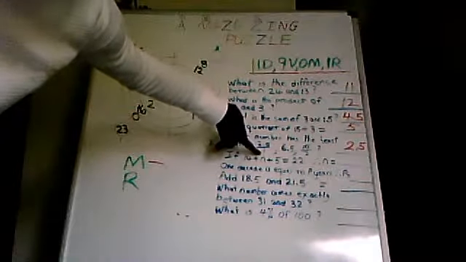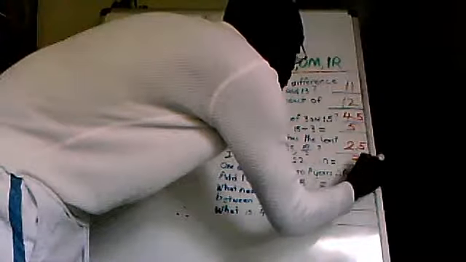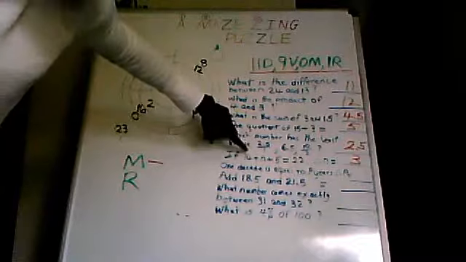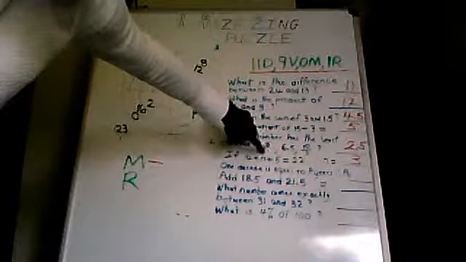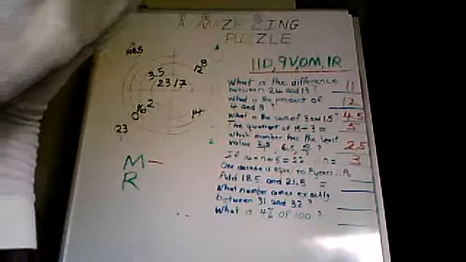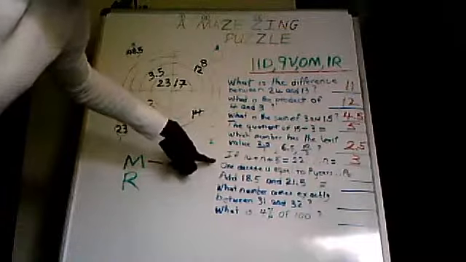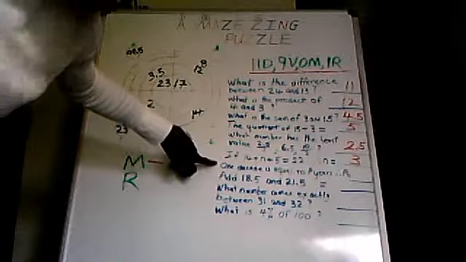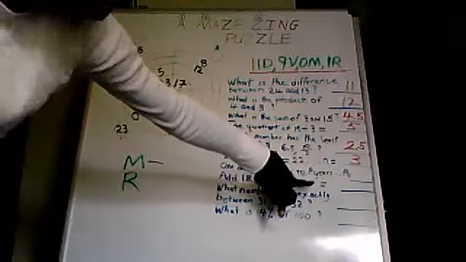And that would be the answer for n. It would be 3. So I can simply say, now I know that n is equal to 3. I can say 14 plus 3 plus 5 equals 22, and that makes the equation correct.